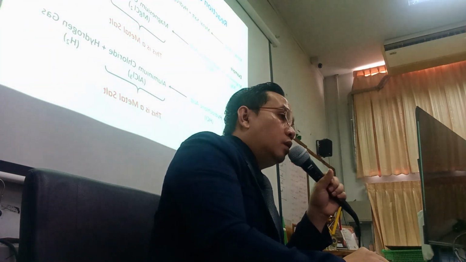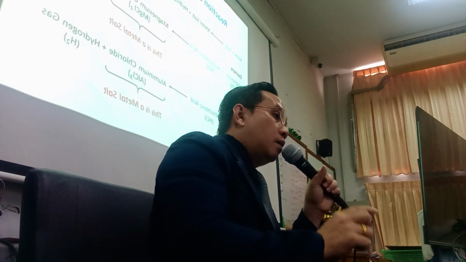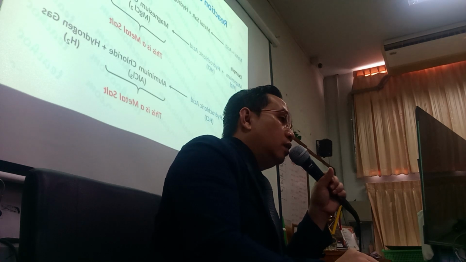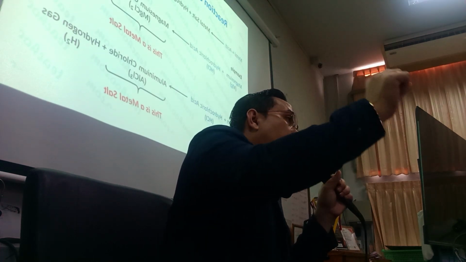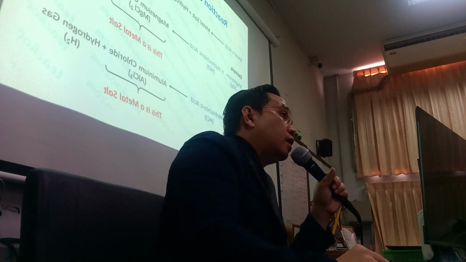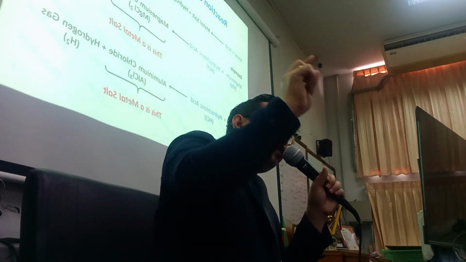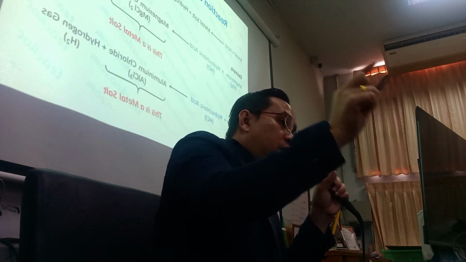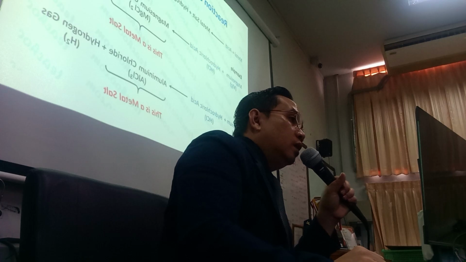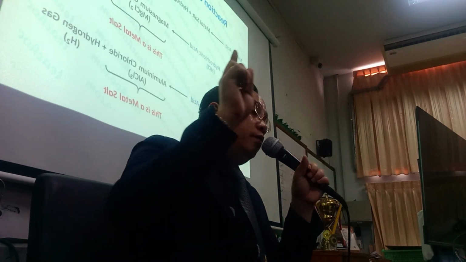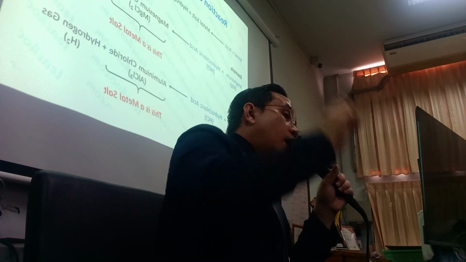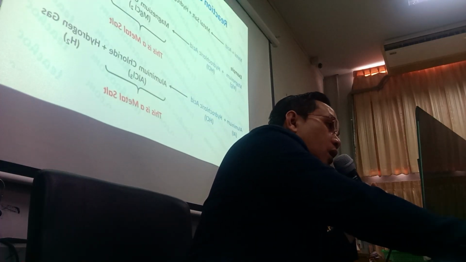Magnesium plus hydrochloric acid gives magnesium chloride plus hydrogen gas, already a metal salt. What if we mix aluminum and hydrochloric acid? The result would be aluminum chloride plus hydrogen gas, again a metal salt.